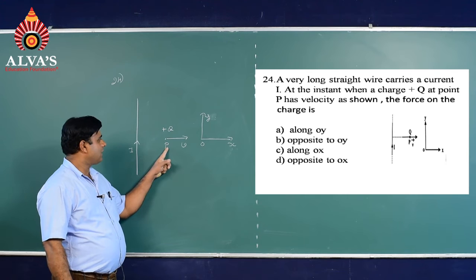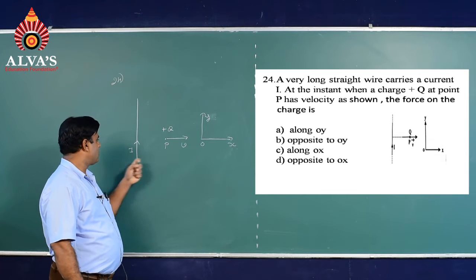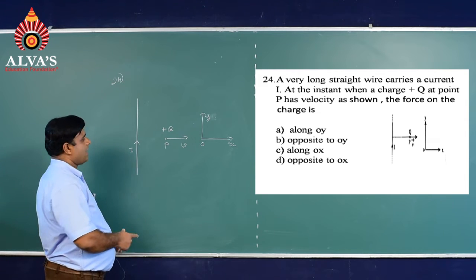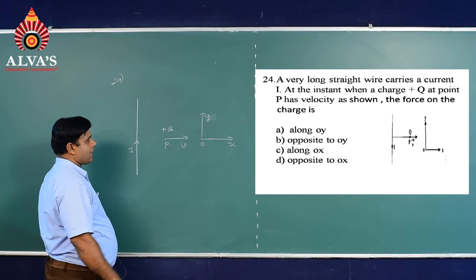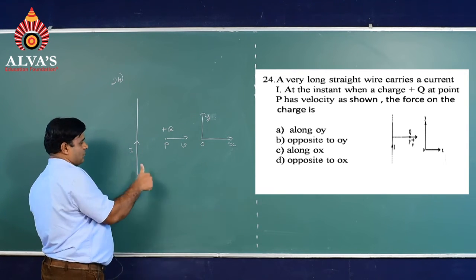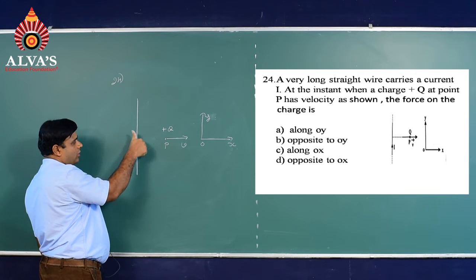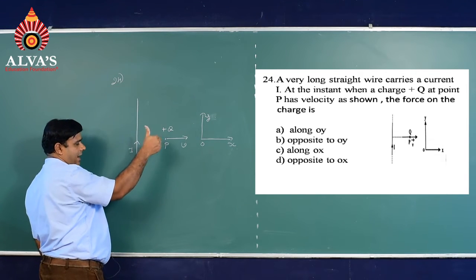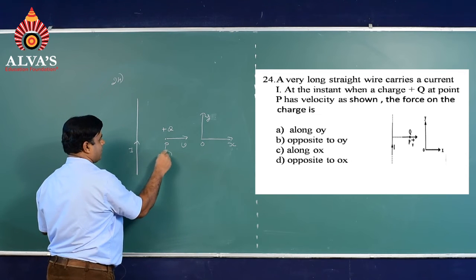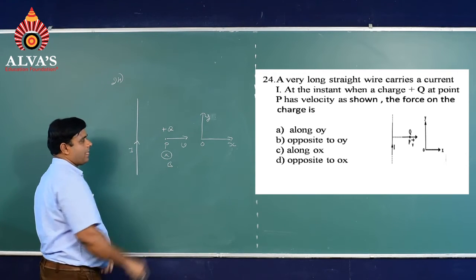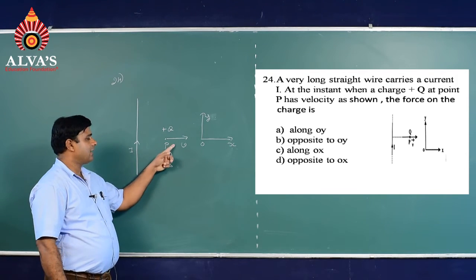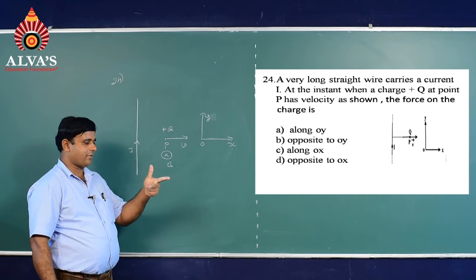This charged particle should experience force due to the magnetic field produced by the first conductor. Field at the point P can be found by using the right hand clasp. So, current in the conductor is upward, here field is inward. So, magnetic field B is inward. Force on the particle can be found by using Fleming's left hand rule.